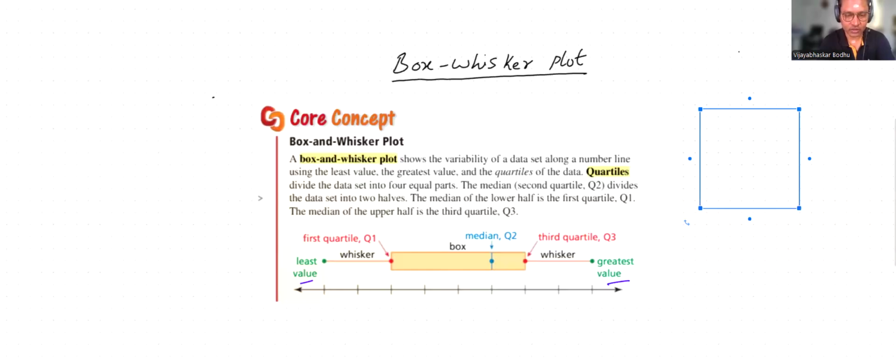With these five elements we can draw the box-whisker plot.